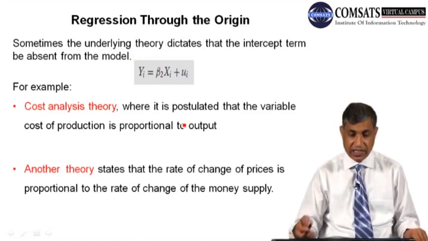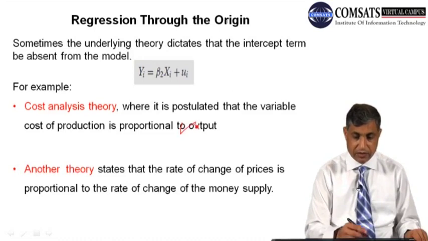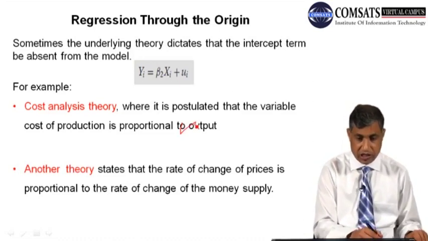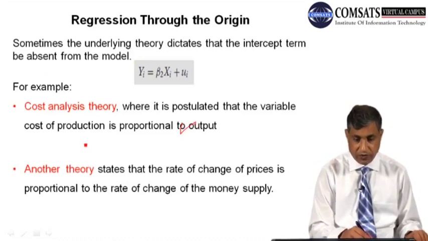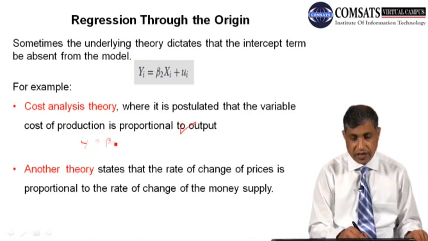So if I write this here, this is our population function. The previous one was beta 1 plus beta 2 x2 plus ui.